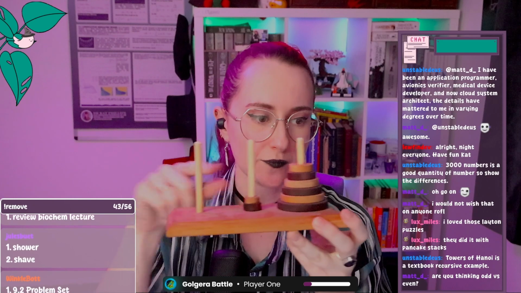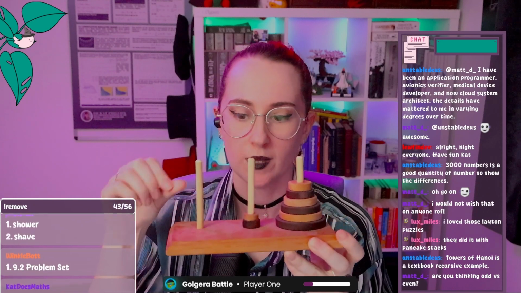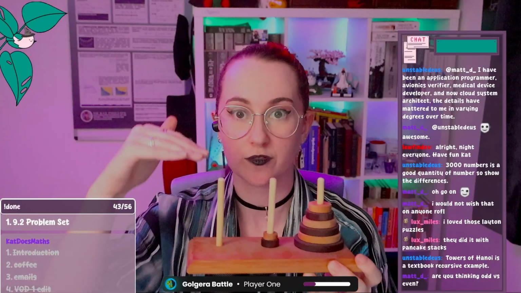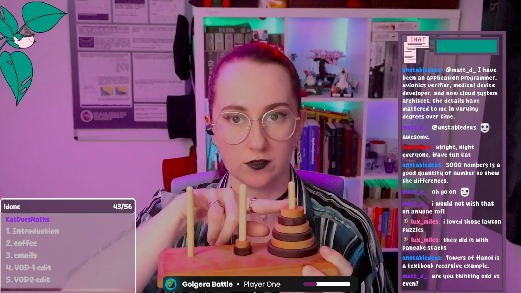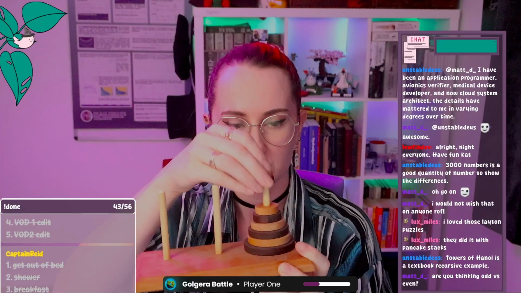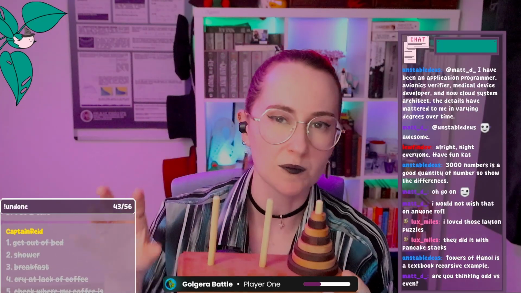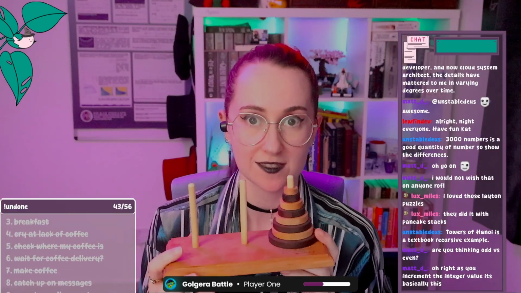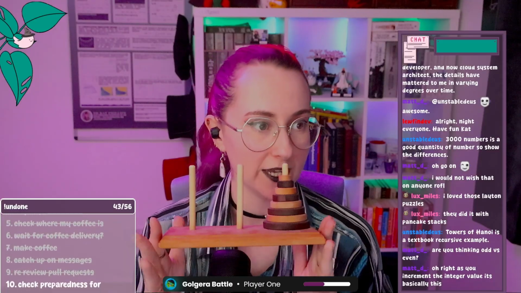Basically, every time you move between them, you swap from a 0 to a 1. And if you list all of the numbers in binary, so in this case it would go up to a 3, like 1, 1, 1, you can move them between. There's some really nice connection there, but basically there is an optimal solution to this that links to binary numbers in a really nice way.